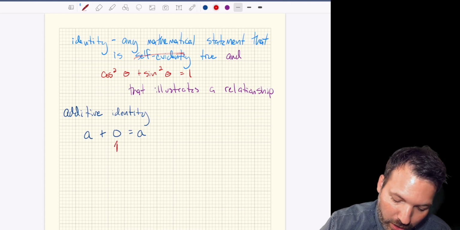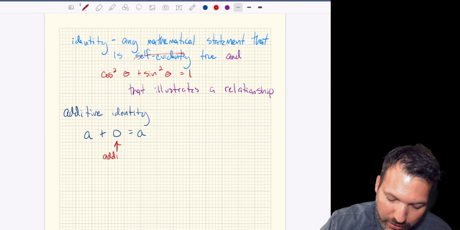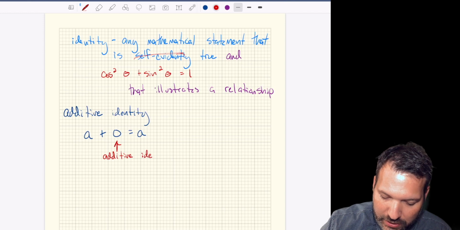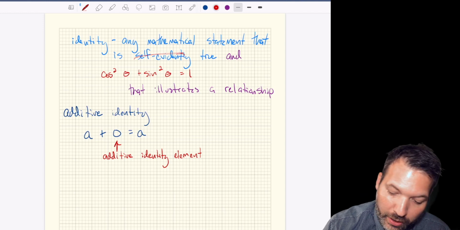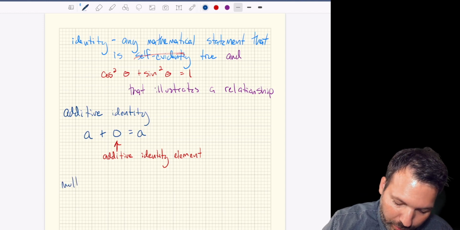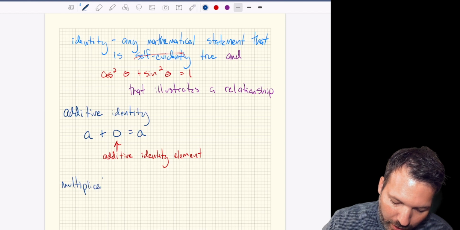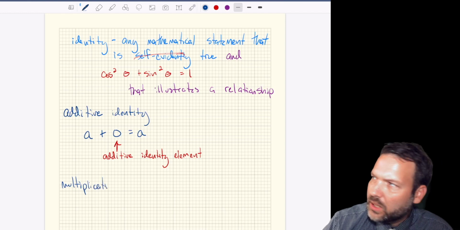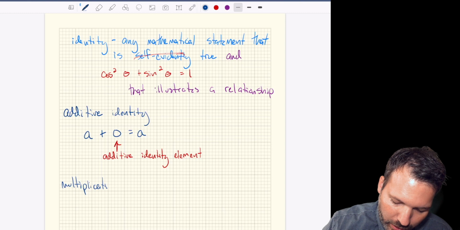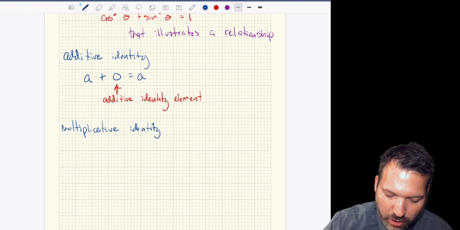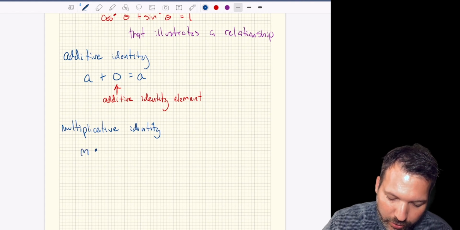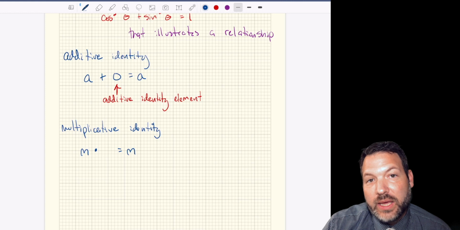So that element we're going to call the additive identity element. And again, for addition, it's 0, right? If we want to do the same thing for multiplication, if we want a multiplicative identity, then we need something, let's call it m, such that under multiplication, it leaves m alone.